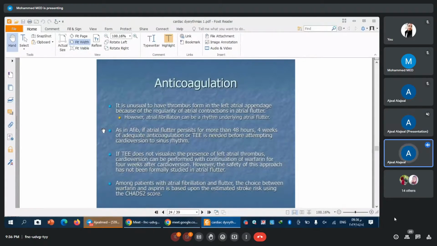And sometimes I find that doctors don't put patients on anticoagulants, which is what I will discuss with them, inshallah. Next slide, please.